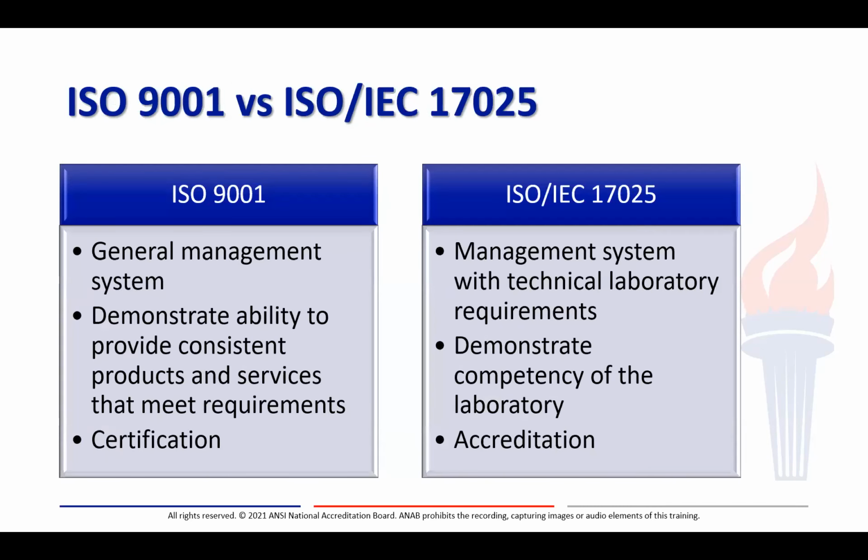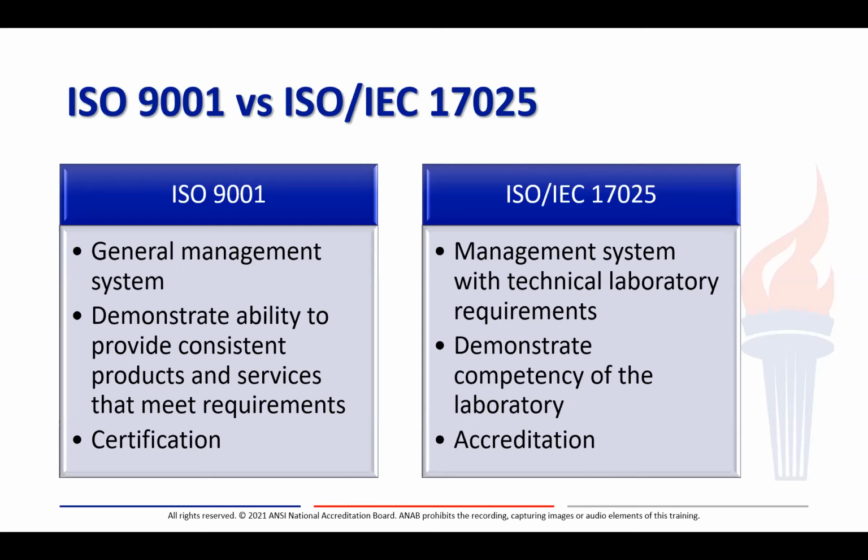Now, let's compare ISO 9001 and ISO IEC 17025, since those two are the most common from the list we just went over. ISO 9001 details general management system requirements that can be applied by any organization providing any product or service. I have seen moon bounce manufacturers certified to ISO 9001, or even trucking companies that provide hauling services.